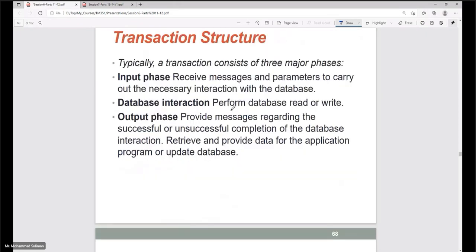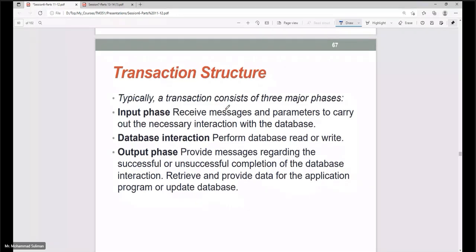A transaction consists of three phases: input phase, database interaction, and output phase. The input phase receives the message and parameters to carry out the necessary interaction with the database, for example the account ID, the account number, the amount to be transferred, all the inputs given to the database for the transaction.